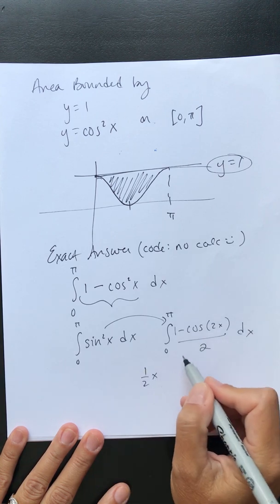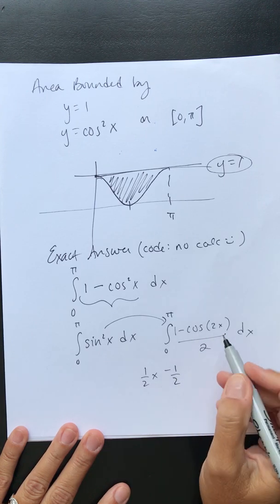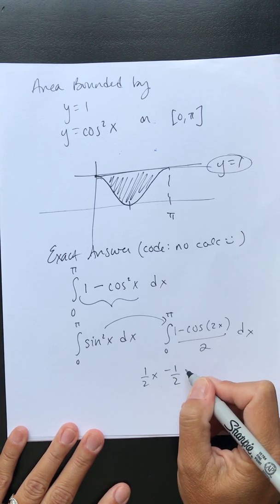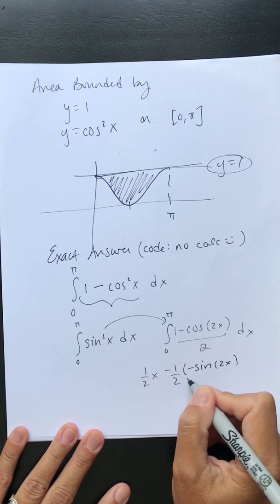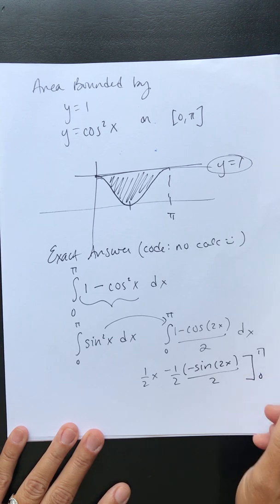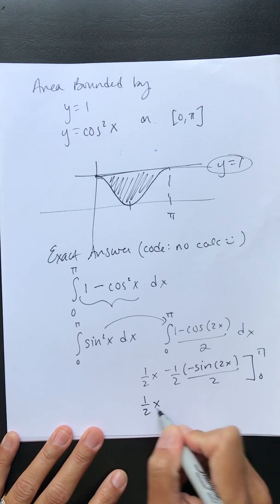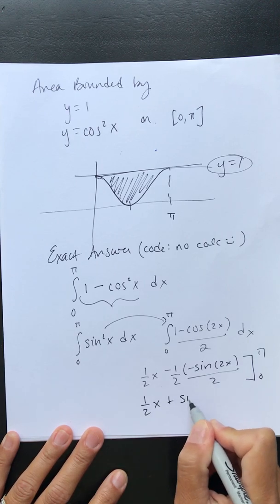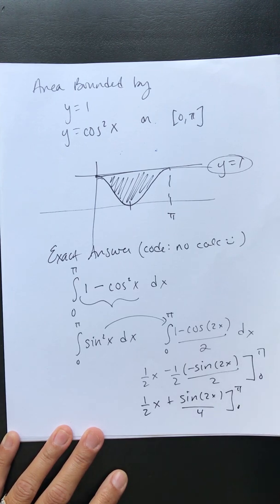The negative 1/2 is going to hang out. The antiderivative of cosine of something is sine of the something, and I'm going to have to divide by 2 again. And I'm going to evaluate that from 0 to pi. A little algebra here, I get 1/2 x minus sine of 2x over 4 evaluated from 0 to pi.